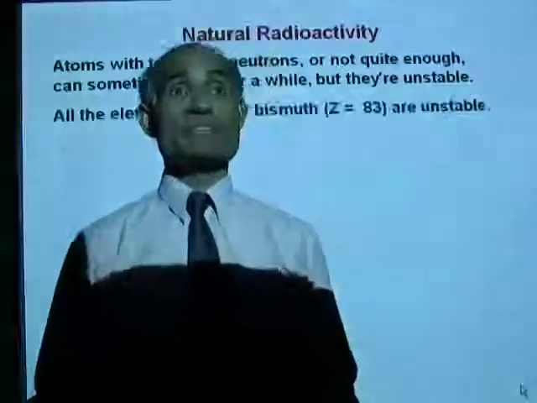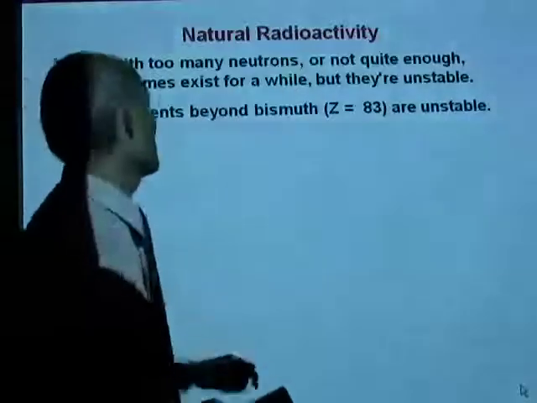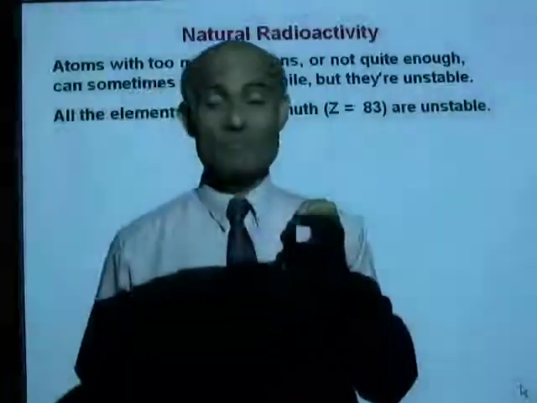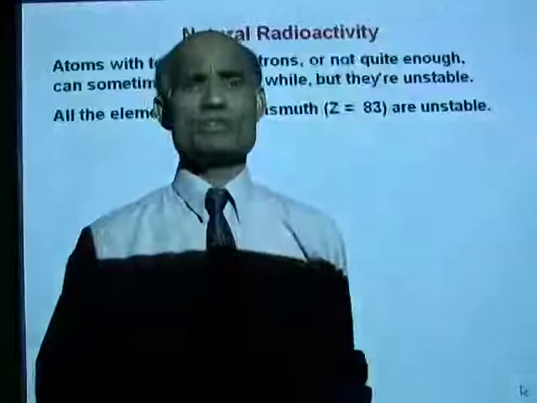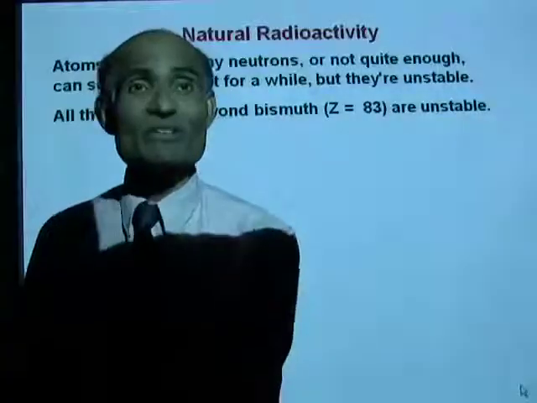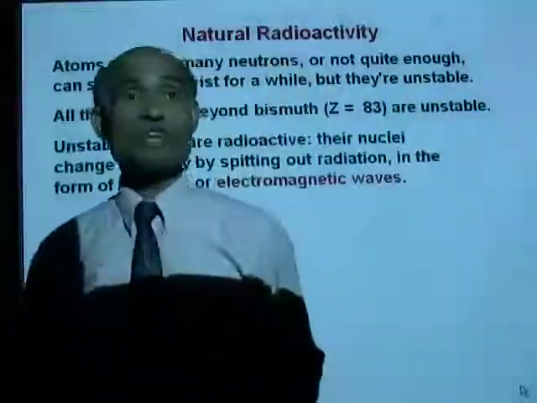And that's what we're going to discuss in here. All the elements beyond bismuth, that is atomic number 83, are unstable. They have too many neutrons. If there are too many neutrons, that will create instability. So all the elements beyond bismuth are unstable.